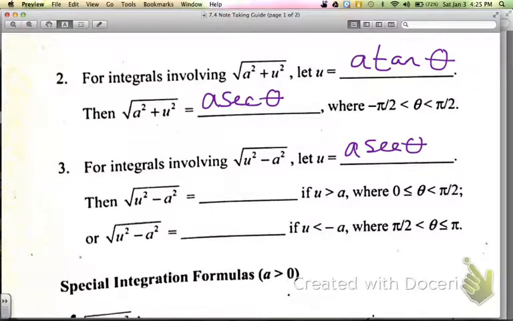And the square root of u squared minus a squared is positive a tangent theta if u is greater than a, and negative a tangent theta if u is less than negative a, or in other words, if that u happens to be negative.